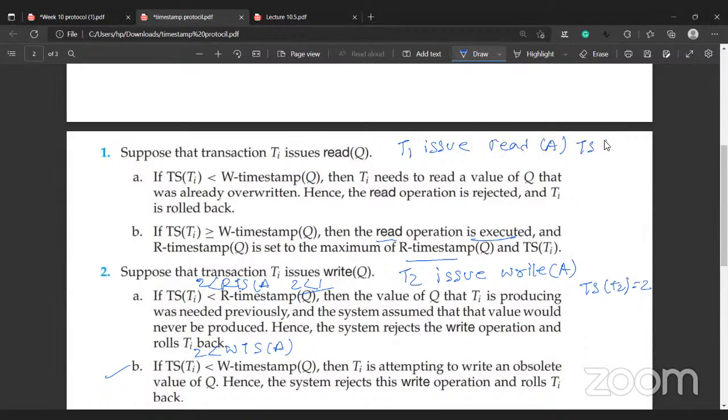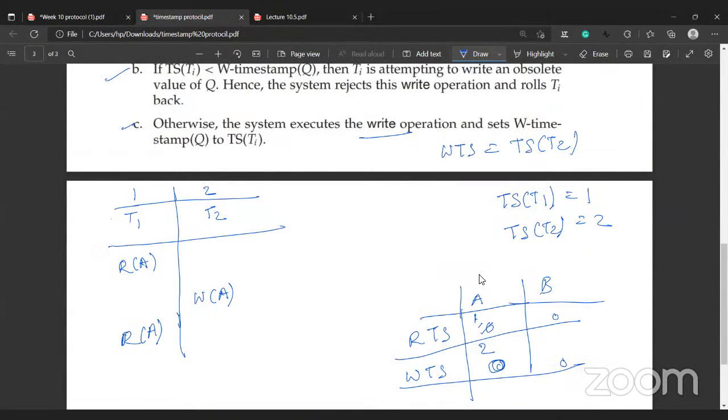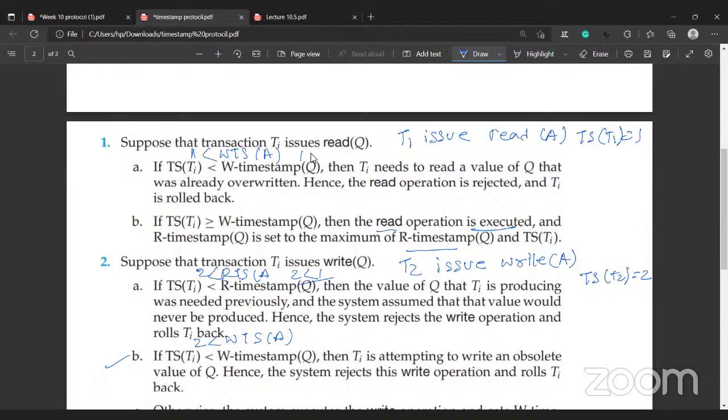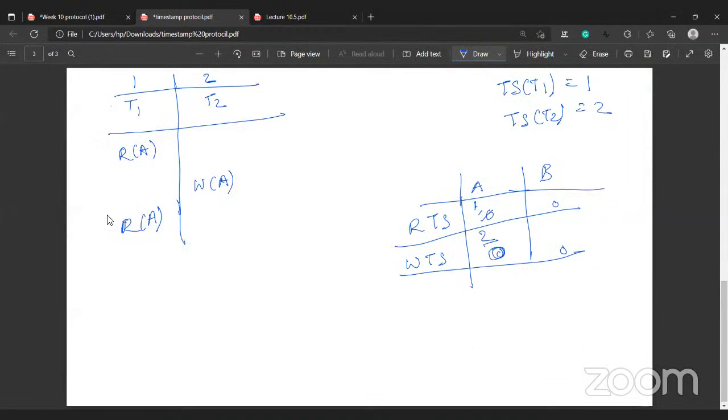The transaction timestamp of T1 is 1. Now we check this condition: is the transaction timestamp of T1, 1, less than the write timestamp of A? The write timestamp of A is 2. So 1 less than 2 is true. Then the read operation is rejected and Ti, which is T1, will be rolled back. So this transaction will be rolled back.